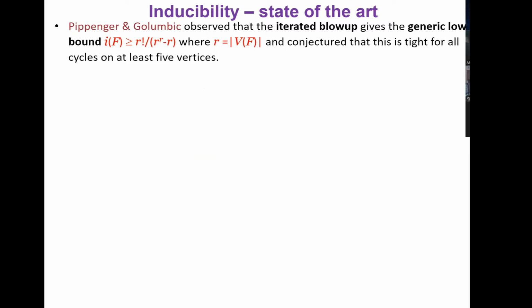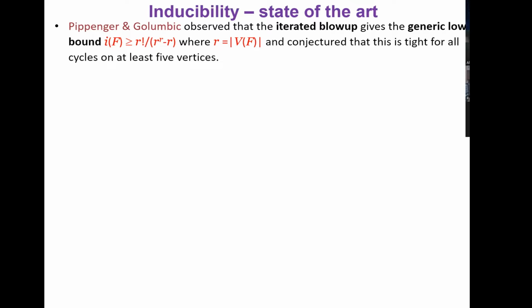Let's take F and blow up each vertex into an independent set of size n over r, r being the number of vertices of F, and put edges between 2 independent sets that correspond to an edge in the original graph. This is the usual blow-up. And as you can see, any transversal, if we pick one vertex from each part, will induce exactly F. So this gives you many induced copies of F.